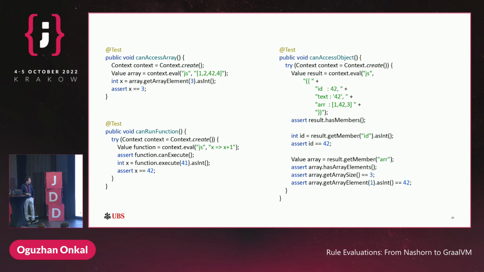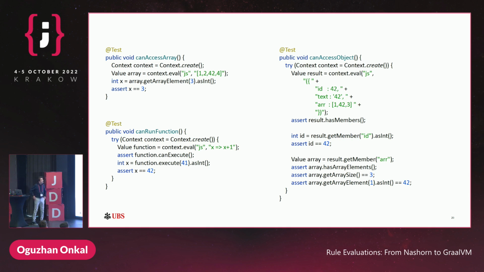The second one is again running JavaScript code, but this time it's actually a function. It's just incrementing a value x to x plus 1. And we pass to the GraalVM evaluator 41, and we get the result 42.